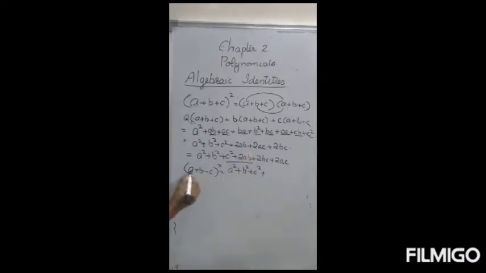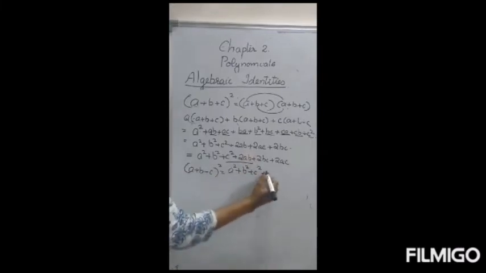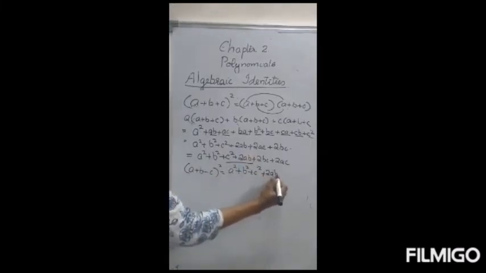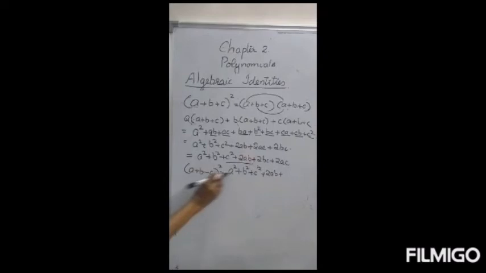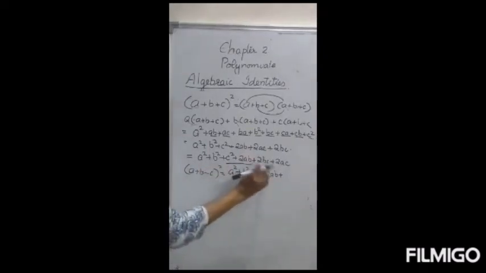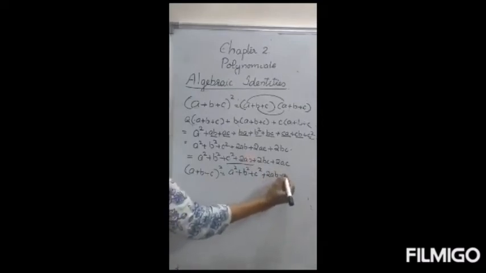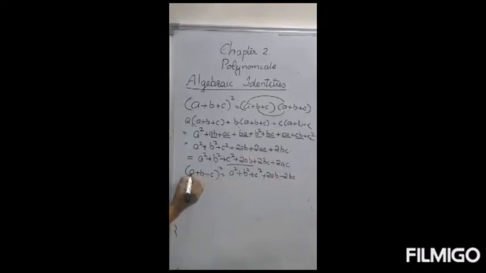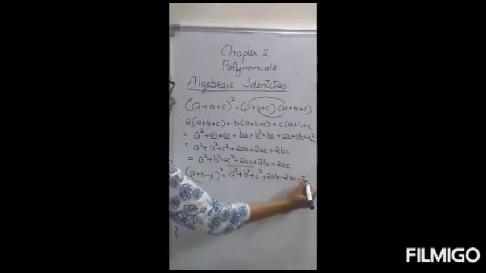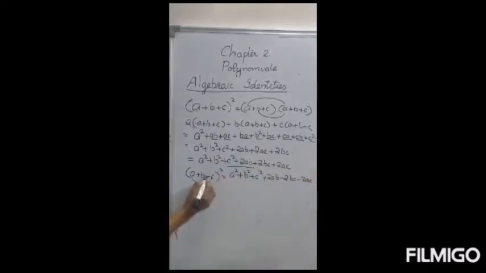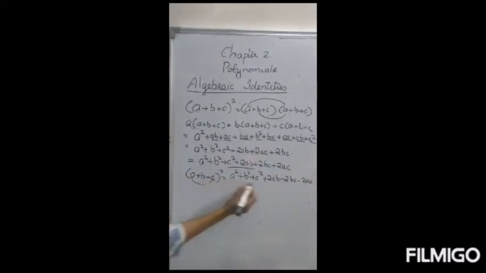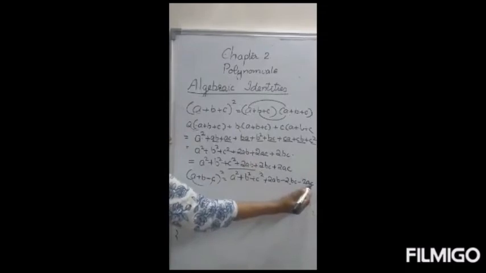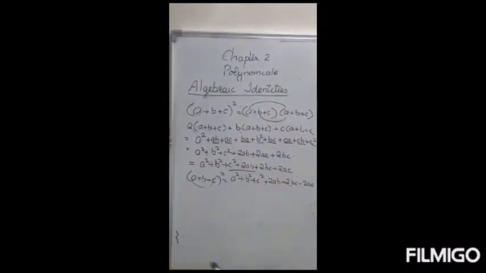A is positive, B is positive, so it is plus 2ab. Plus 2bc, but here c is negative, so this is minus 2bc, and the last one ac is also minus 2ac. That means here minus comes in c, so whatever terms contain c will be minus.